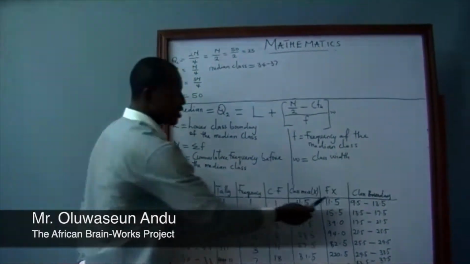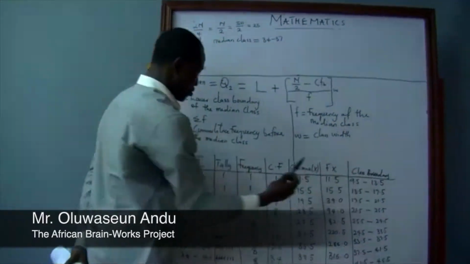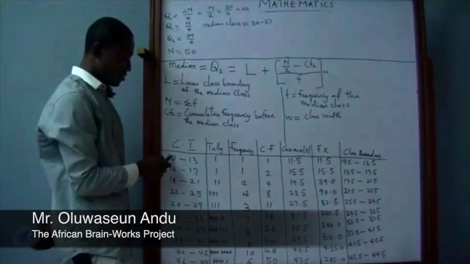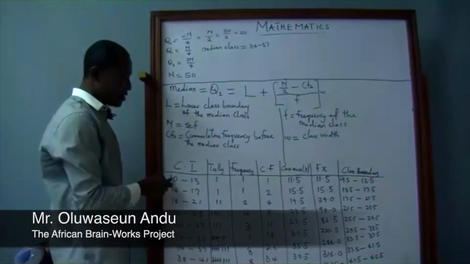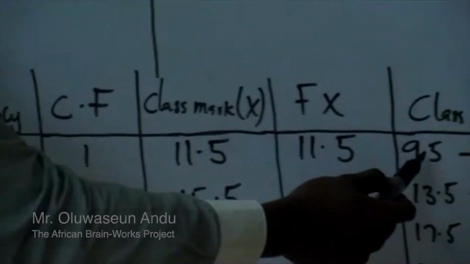The class boundary is very simple to calculate. What we just have to do is to come to the first part, subtract 0.5 from the lower class limit of the first class. So 10 minus 0.5 gives me 9.5.